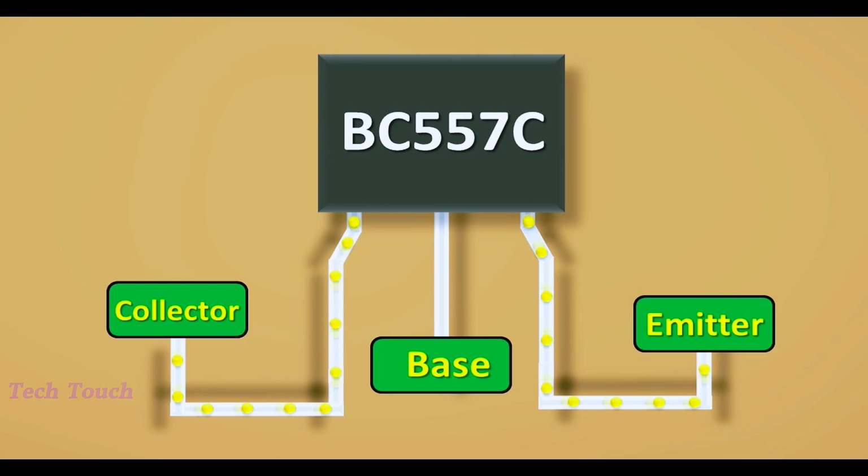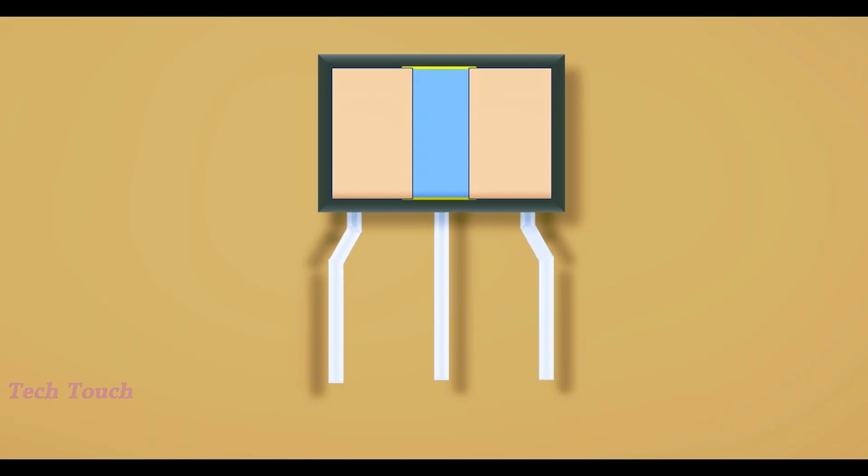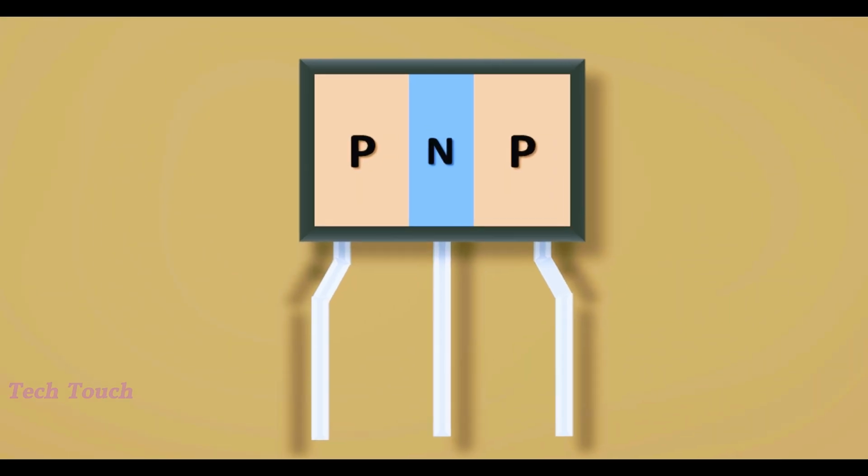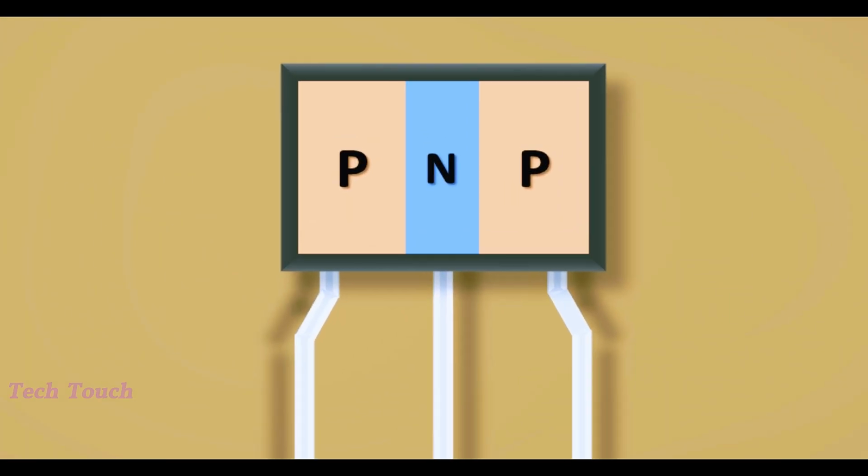Let's now open up the transistor and see what's inside and how it works. As I said earlier, there are layers of P-type semiconductor on both sides and an N-type semiconductor layer in the middle. Now, we need to know very well what these P-type and N-type semiconductors actually are.